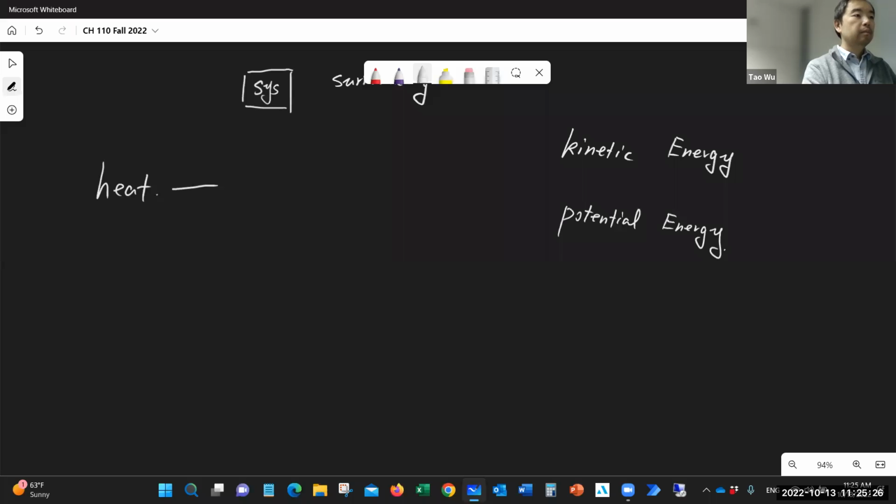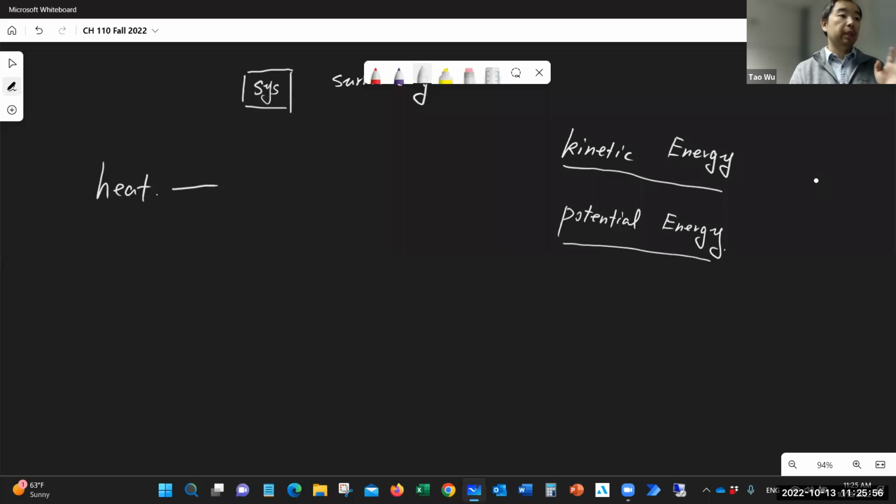But we're not focused on those two energies. You probably heard about kinetic energy in physics, which means everything is moving. When an object is moving, it has kinetic energy. We also talk about kinetic energy in chemistry, but not in thermal chemistry. We're going to talk about it when we talk about gases.